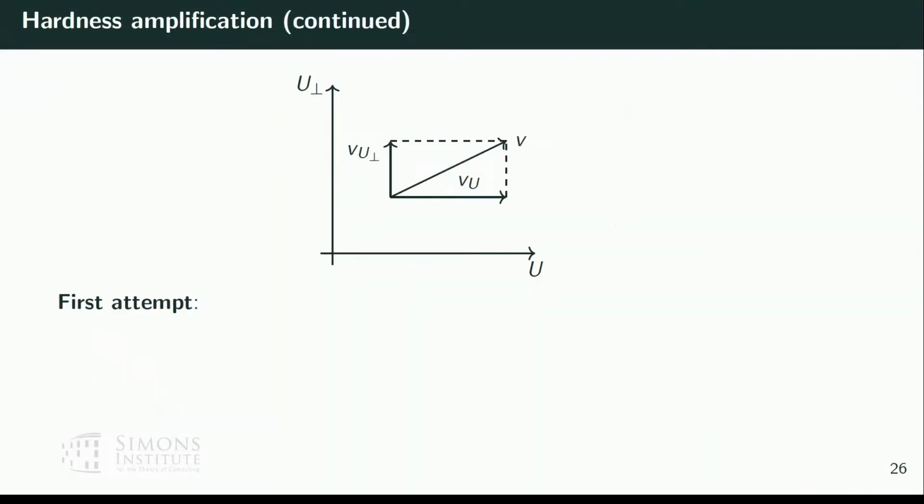Okay, so how do we do this? The first attempt is as follows. We're given some vector V, and we can decompose it into two orthogonal components, one in the subspace of U and one in the orthogonal space of U. And then we have this lossy oracle. So the first idea is in each iteration, we just use this lossy oracle to compute the component, but with some error.